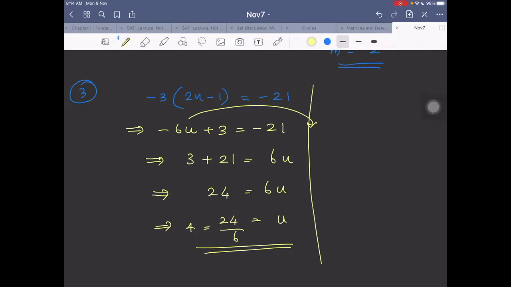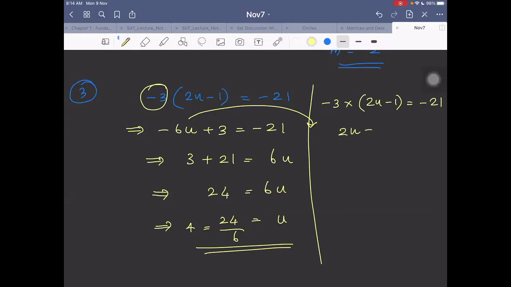Or you could have got rid of this -3 in the beginning itself, because take -3 to the other side. This is basically multiplication, right? So this is -3 into 2u minus 1 is equal to -21. So -3 is being multiplied with some quantity. When it goes to the other side, it becomes division.